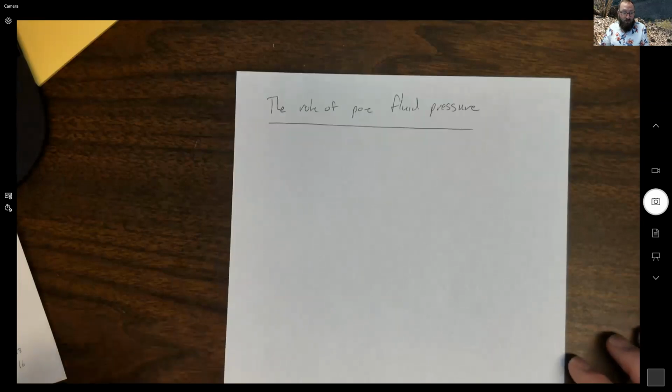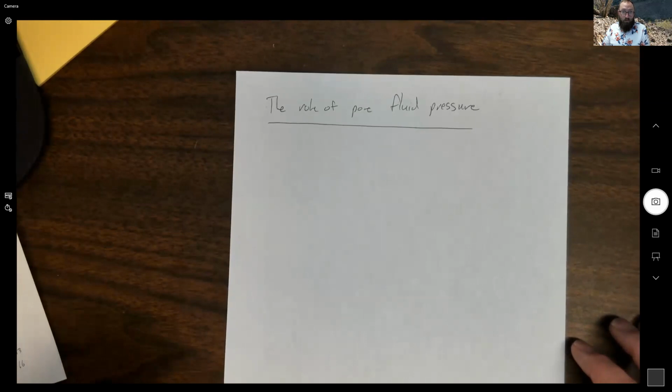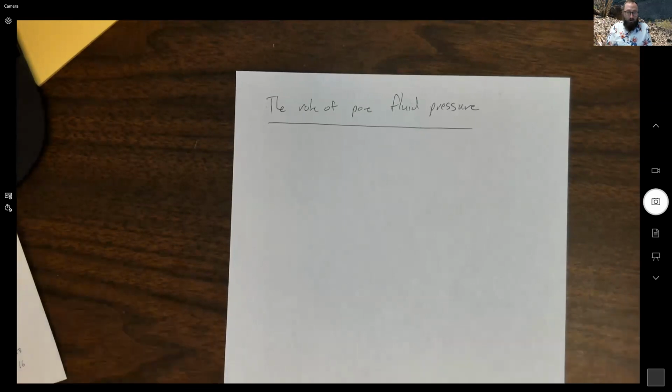Okay, so as it turns out, the elevated pore fluid pressure can play a really important role in the failure of rocks. Two geologists, Hubbert and Rubey, were able to show that elevated fluid pressures in rocks tend to offset the magnitude of lithostatically produced normal stresses that are acting on fault or fracture surfaces or within the rocks themselves.